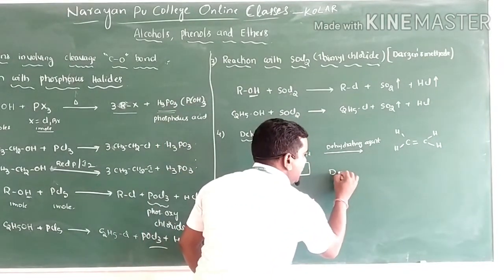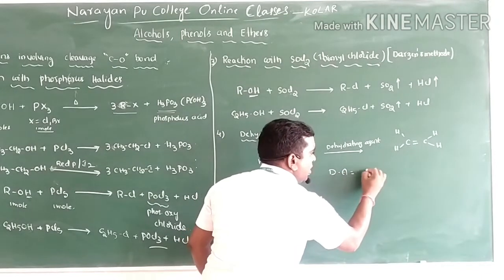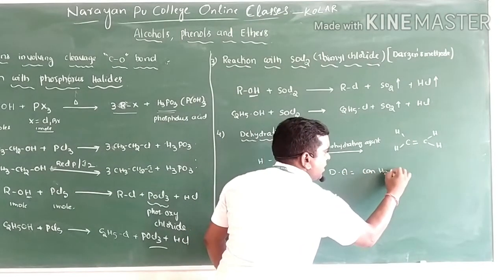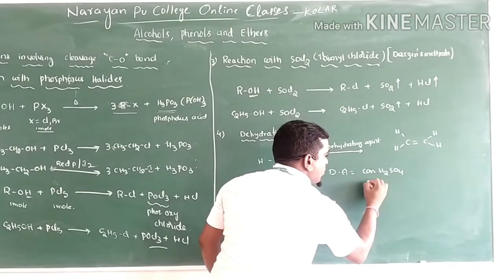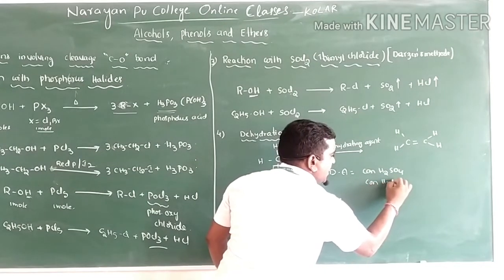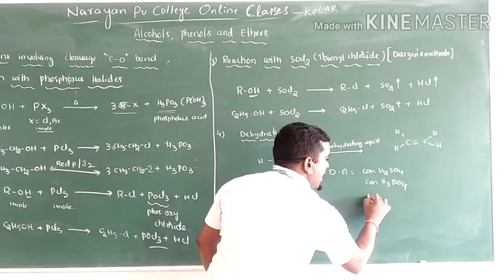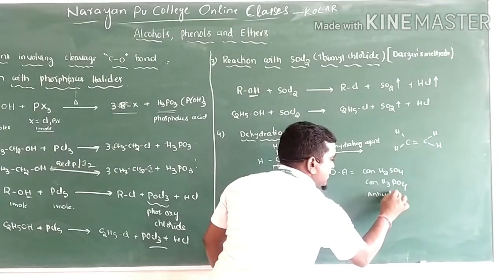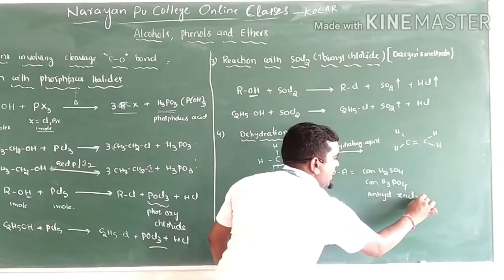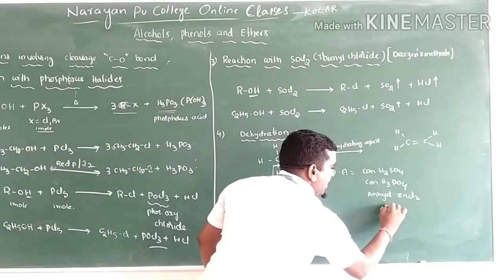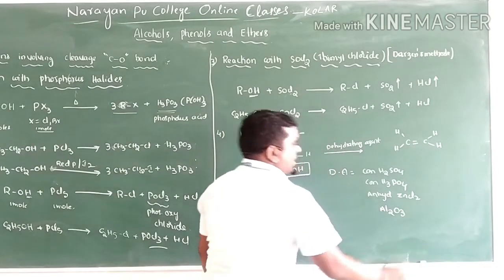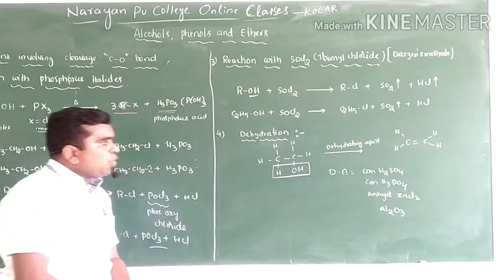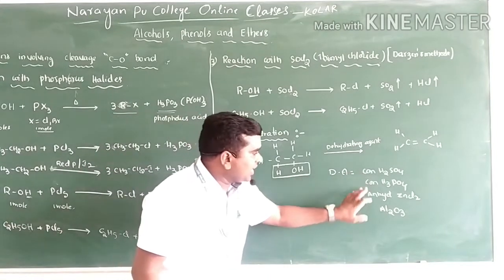What are the dehydrating agents we commonly use? Concentrated H2SO4, concentrated H3PO4, anhydrous zinc chloride, and Al2O3. These are some very important dehydrating agents.